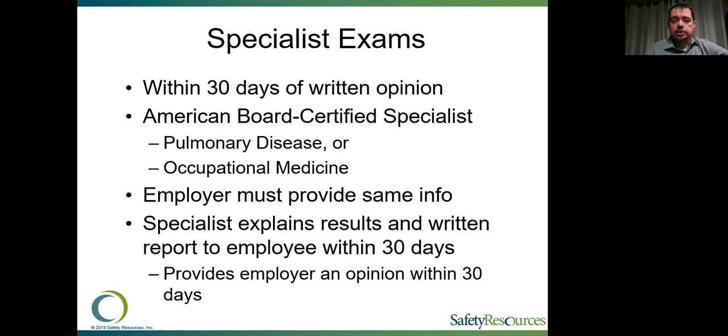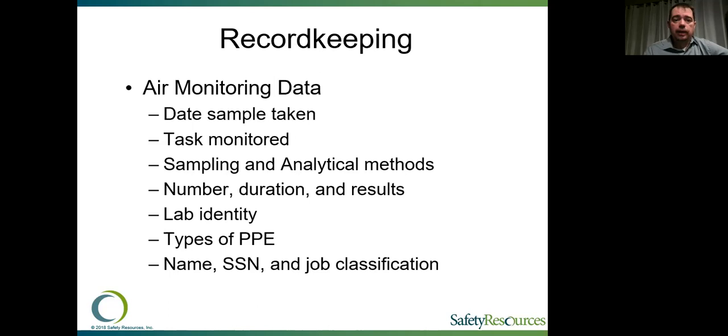And then that specialist can explain the results to the employee within 30 days and provide the employer with an opinion within that same 30-day period. Again, there are still limitations in terms of what the employer is able to get without the employee designating it.